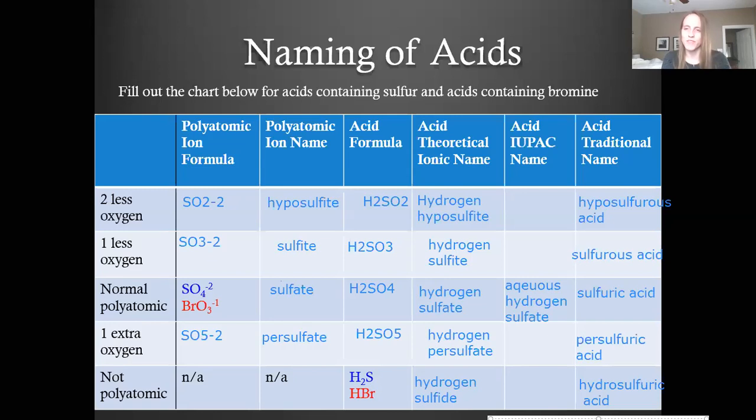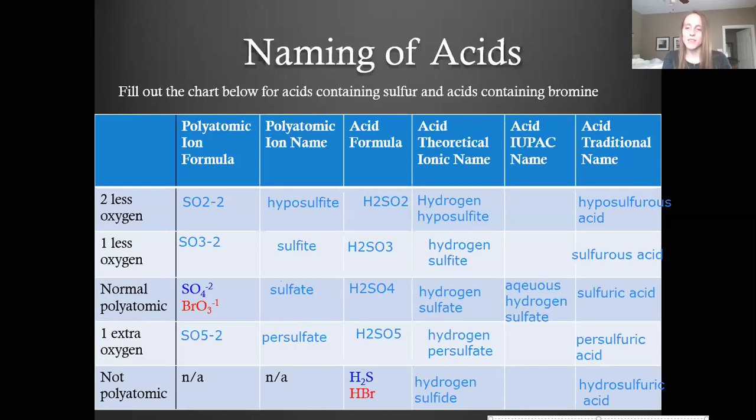So hyposulfurous acid. Hydrogen persulfate becomes persulfuric acid. Again, an ate ending in the theoretical name goes with an ic ending in the traditional name. But once again, none of these traditional names for our polyatomic acids have the word hydrogen or hydro in front.